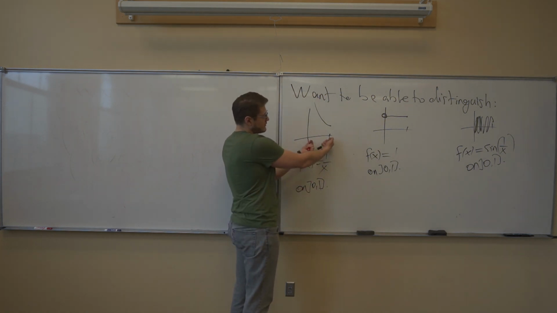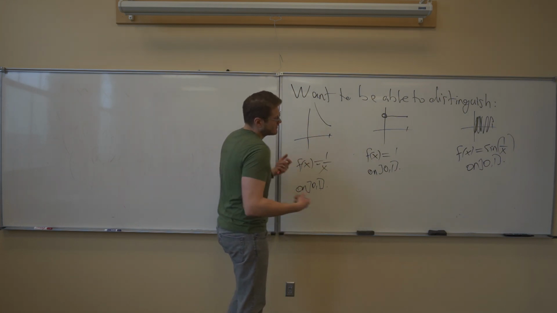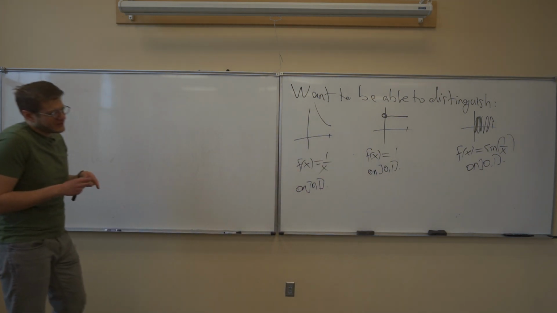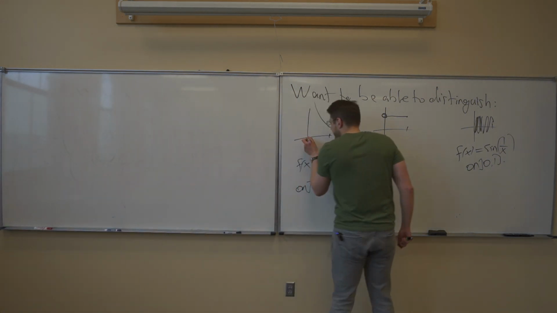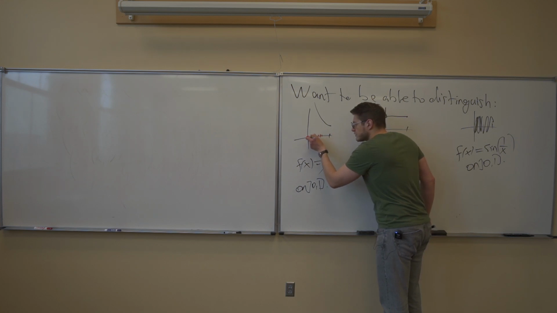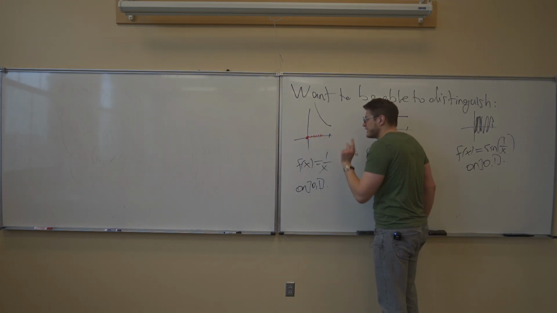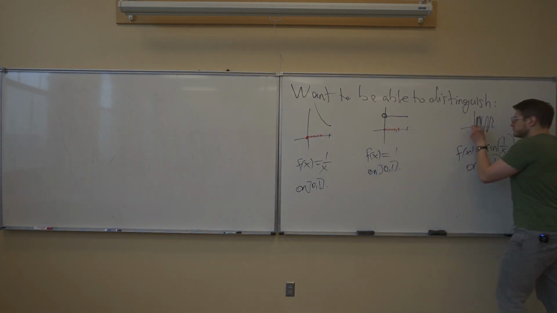I need a subset on which my function is defined, and I want my function to be continuous there, but that is not really that important. And I want to be able to approximate this point using sequences, using points in my domain. Right? So that's the situation in all of them.